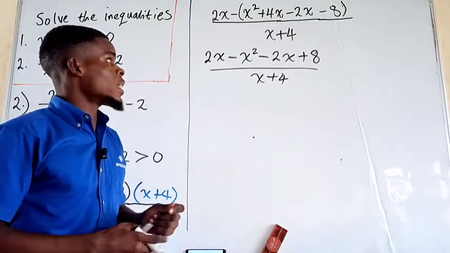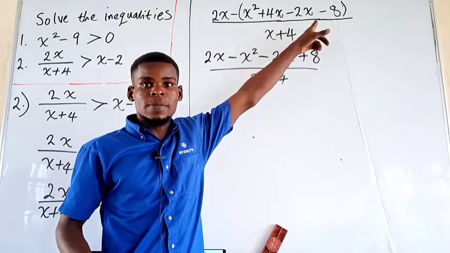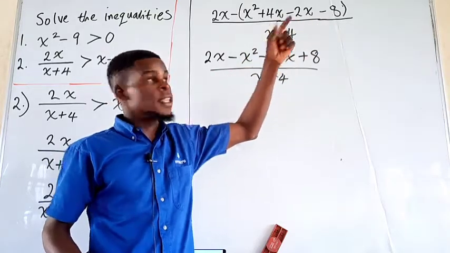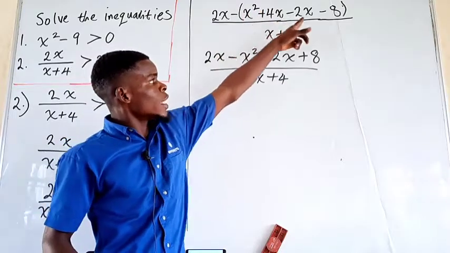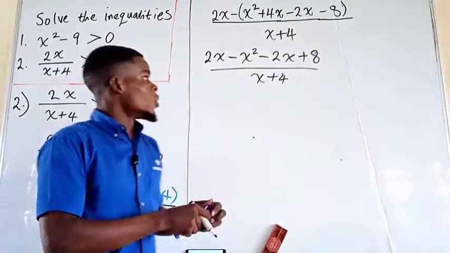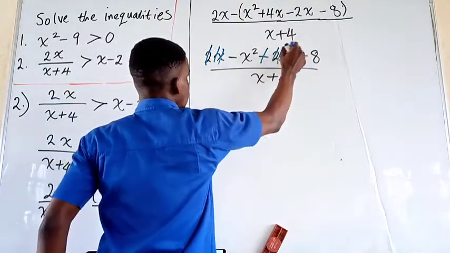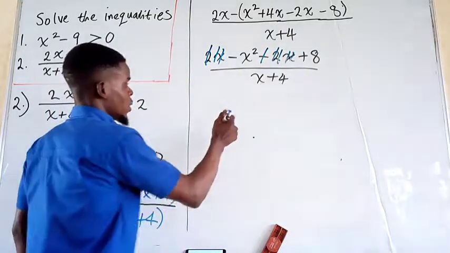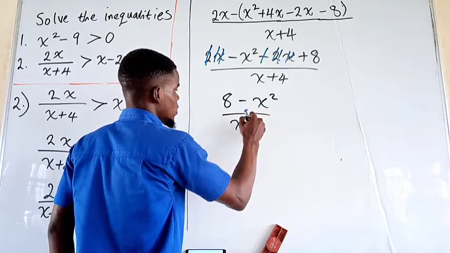I simplified 4x minus 2x to get 2x, and then multiplied the negative throughout, so that will be 2x minus 2x, then negative x squared and negative 8. We see that the 2x and the negative 2x are equal but opposite in sign, so we delete them, and we now end up with 8 minus x squared over x plus 4.